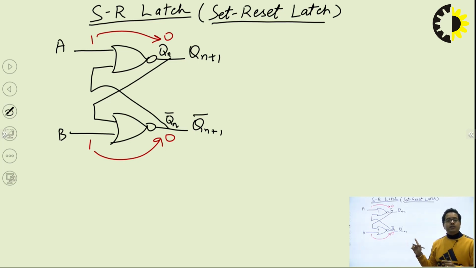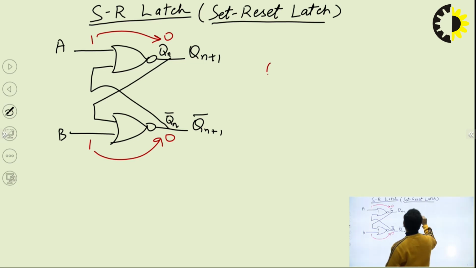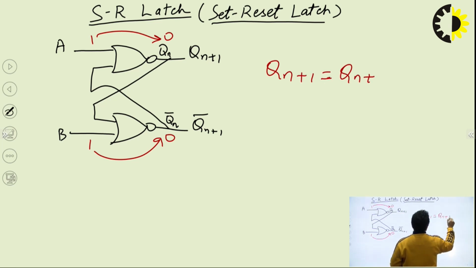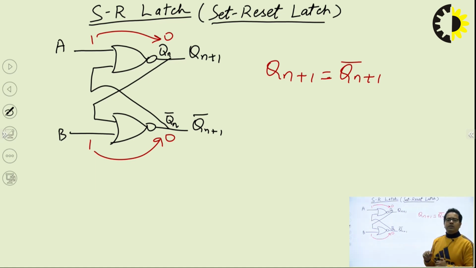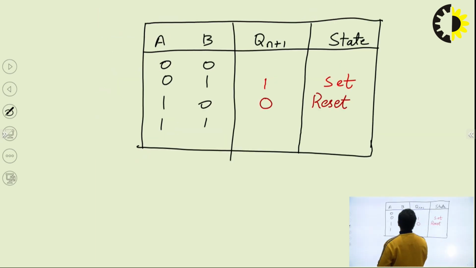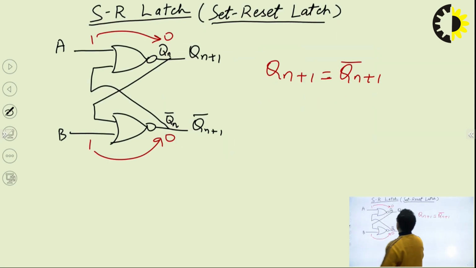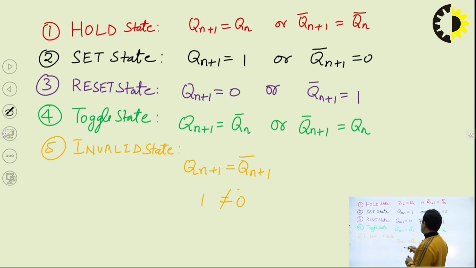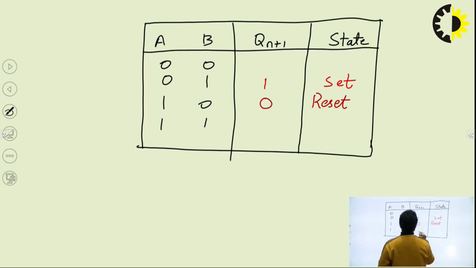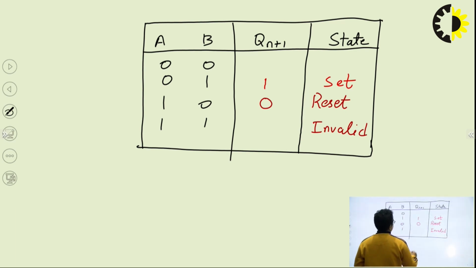So this state is called as an invalid state, because at this point I am getting Qn plus 1 equal to Qn plus 1 complement, which is not at all possible. So this is my invalid state, which I will denote by cross.